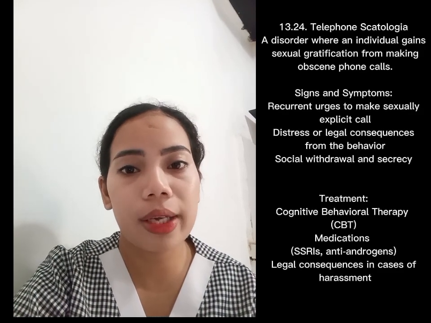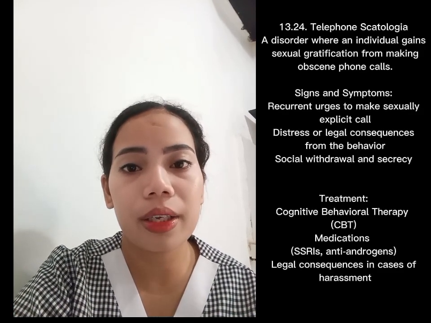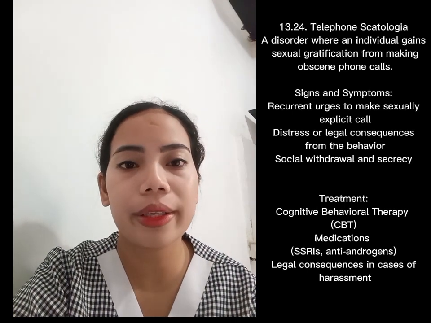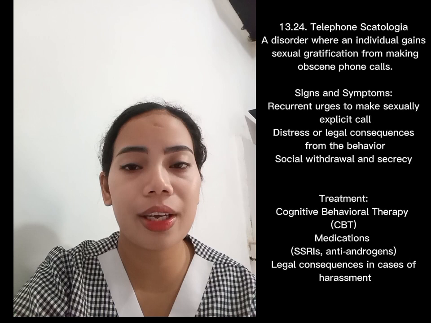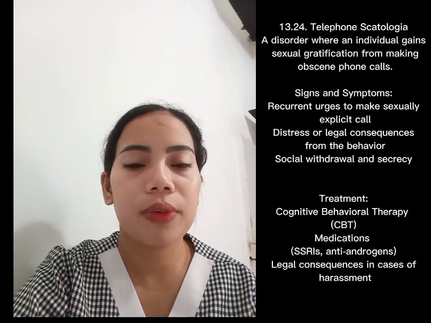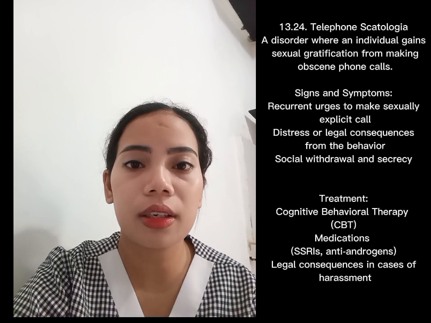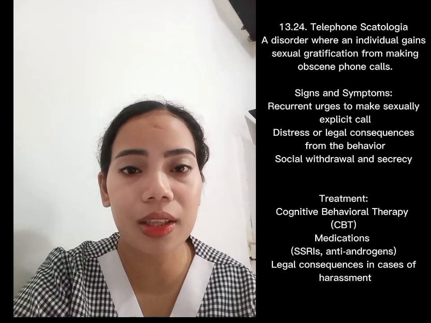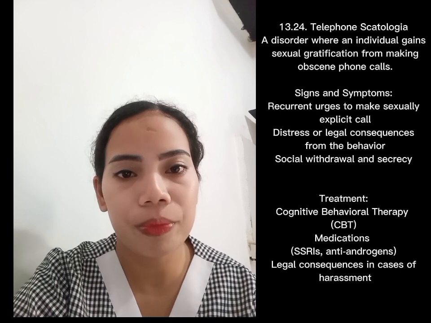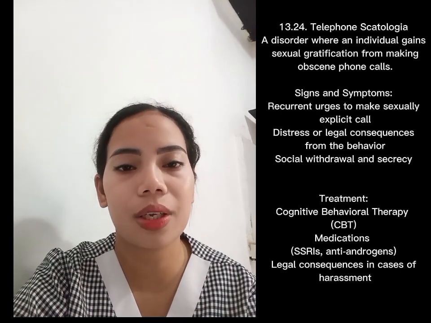Then next is telephone scatologia, which is a disorder where an individual gains sexual gratification from making obscene phone calls. Then for the signs and symptoms: recurrent urge to make sexually explicit calls, distress or legal consequences from the behavior, and social withdrawal and secrecy.